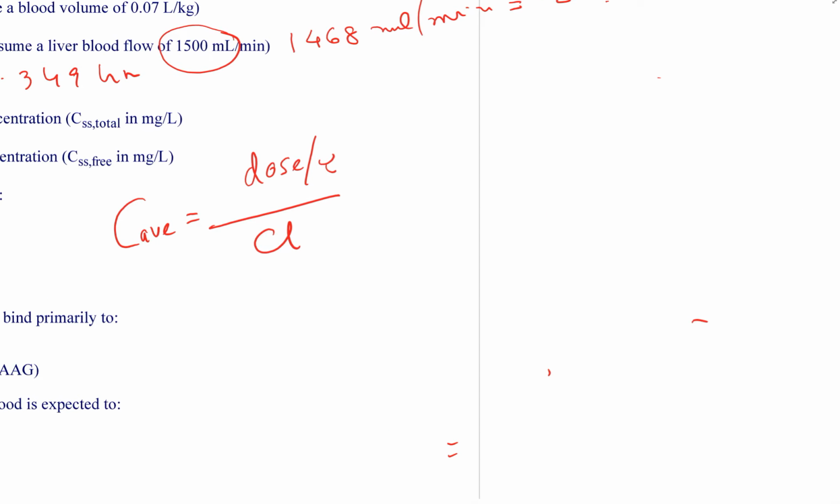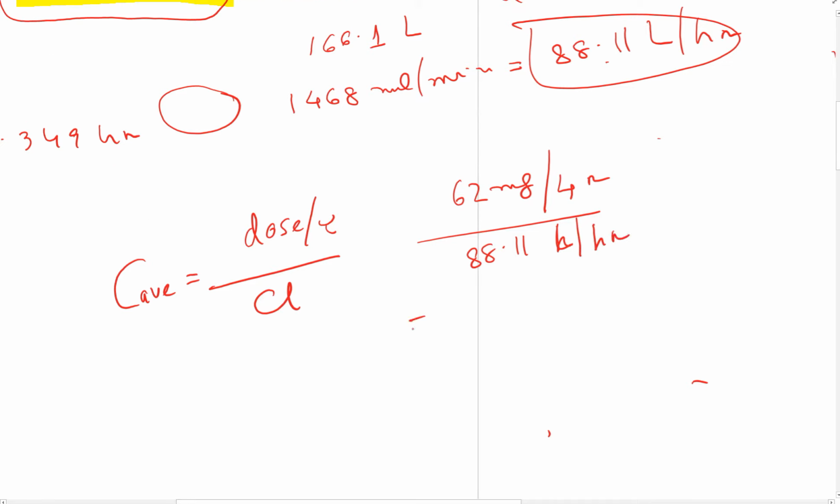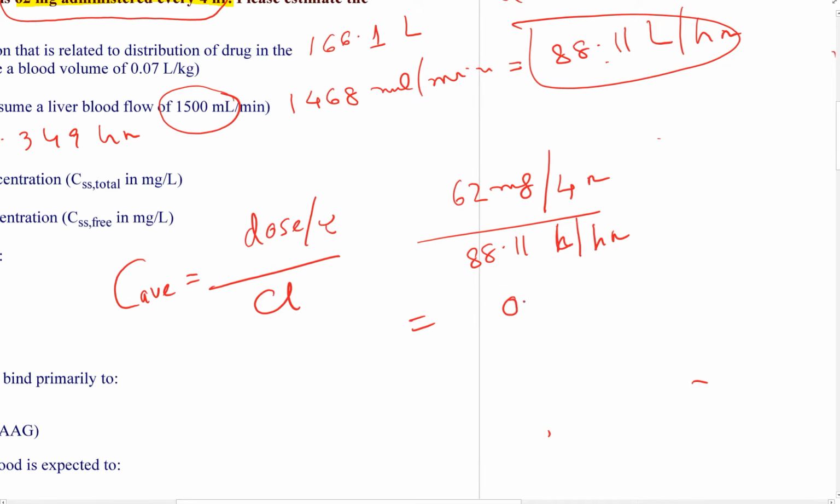Now we're going to put 62 milligram per 4 hour divided by CL, which is this one, 88.11 liter per hour. So this will give us 0.1759 milligram per liter.